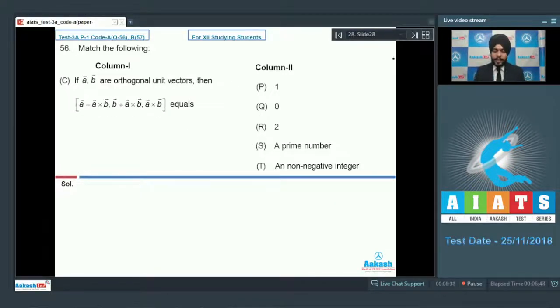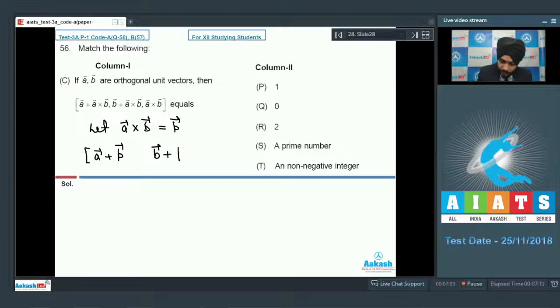C option. If A vector and B vector are orthogonal unit vectors, then the value of scalar triple product of A vector plus A cross B vector, B vector plus A cross B vector and A cross B vector. Let A cross B vector equal to P vector. So the scalar triple product simplifies to A vector plus P vector, B vector plus P vector and then P vector.